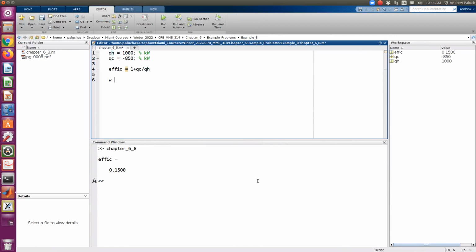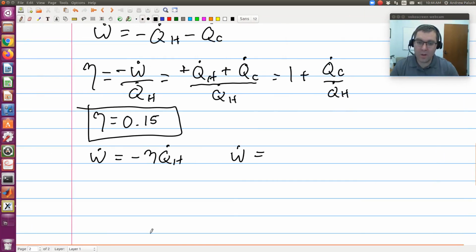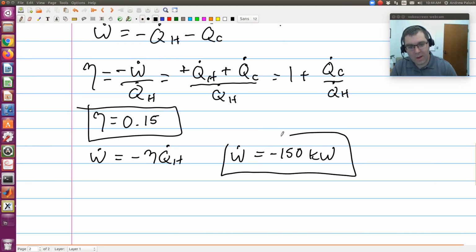So W is equal to negative efficiency times QH. Negative makes sense because the net effect is for my system to produce work. So my system is going to produce negative 150 kilowatts, and it's negative because the net effect is my system is producing work. Hence my negative sign.